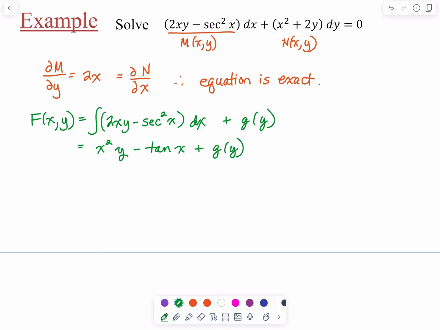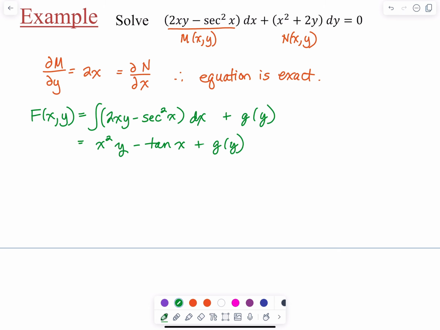So now we're going to take the partial derivative of f with respect to y, and we're going to set that equal to N(x,y).